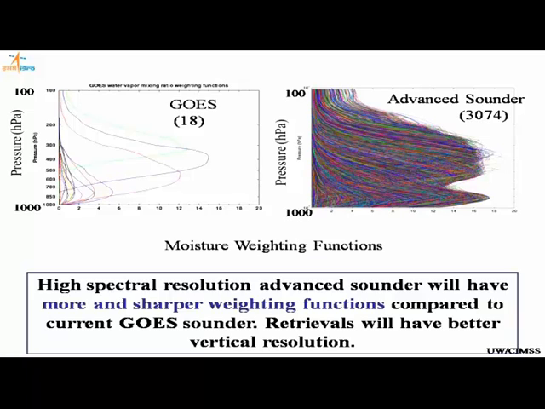So we will be getting very coarse resolution vertical information from this type of satellite, whereas we have thousands of weighting functions, and these weighting functions are sharper in comparison to multispectral sounders. So the information which we receive from a hyperspectral sounder is 1000 times higher than from the multispectral sounder.